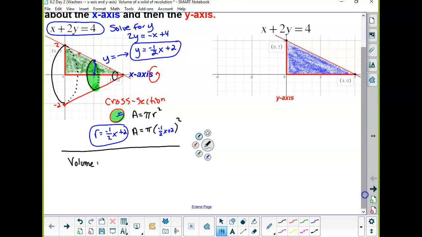So what is volume? Well, volume is the accumulation of whatever you said your area was. This whole thing is my area. I'm just going to replace it.